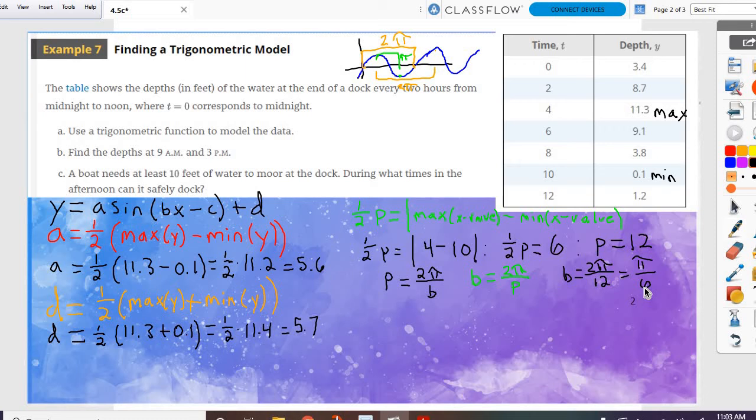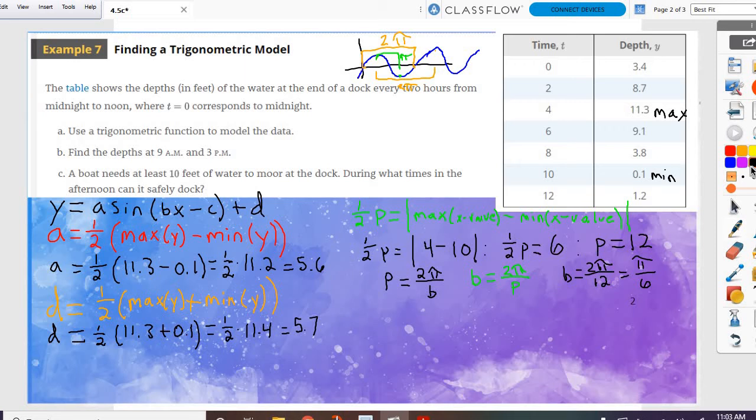Now, the last value, our c value, is usually what causes people the most trouble. That's not to say that it's super hard to find, but it is a little bit difficult to think through our steps. So I want us to listen to what I'm describing here and walk with me through this thought process.